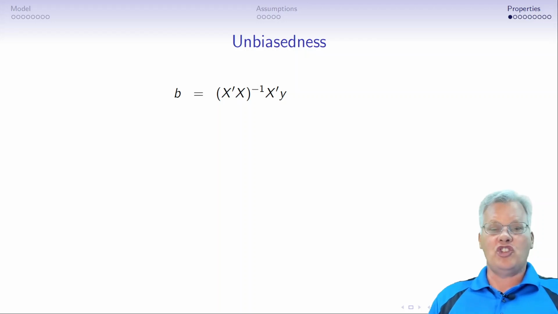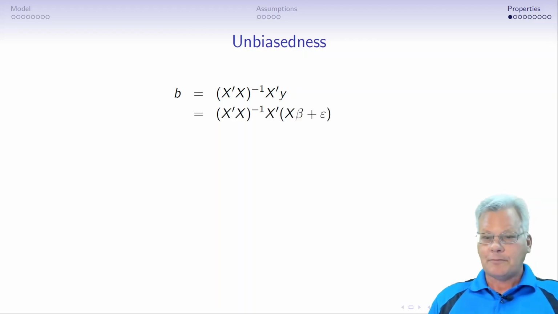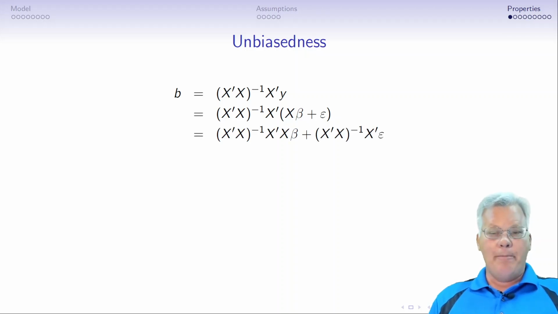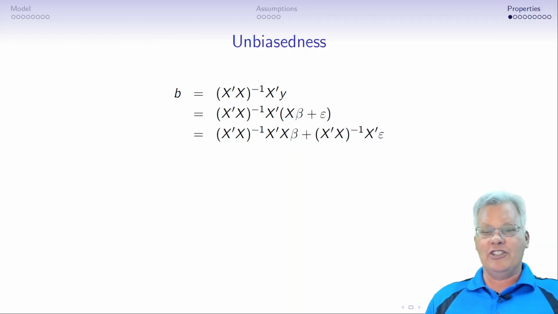expectations. So if I start with my matrix definition of B, which was x prime x inverse x prime y, and I'm going to substitute in the definition of y. Y is equal to x beta plus epsilon. And now if I break that rightmost parentheses, I get this expression on the third line, x prime x inverse x prime x beta plus x prime x inverse x prime epsilon.